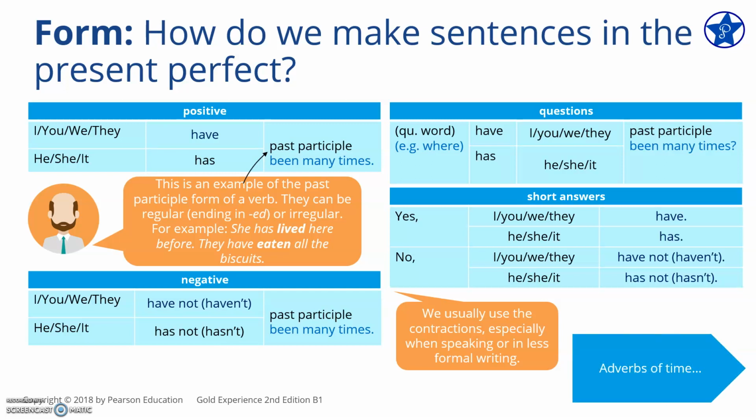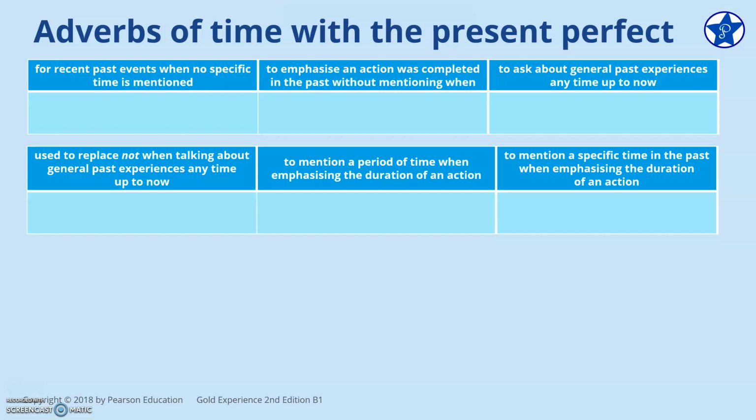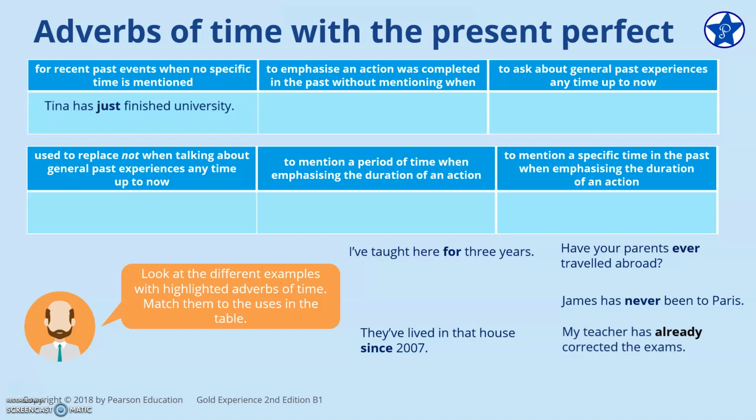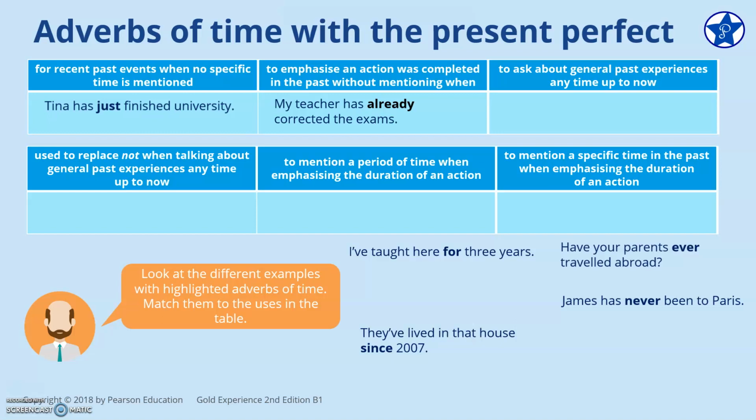Now let's have a look at the adverbs of time. Look at the different examples with highlighted adverbs of time. Match them to the uses in the table. We've got for, ever, just, never, since and already. Now, we use just for recent past events when no specific time is mentioned. We use already to emphasize an action was completed in the past without mentioning when.